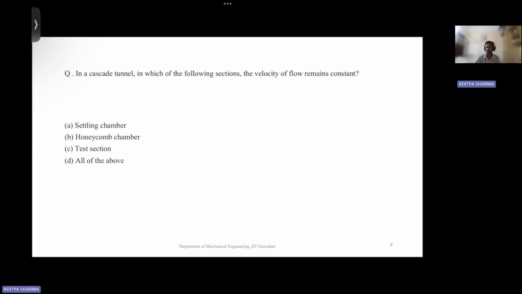Then this question is there. It says that in a cascade tunnel, in which of the following sections does the velocity of the flow remain constant?